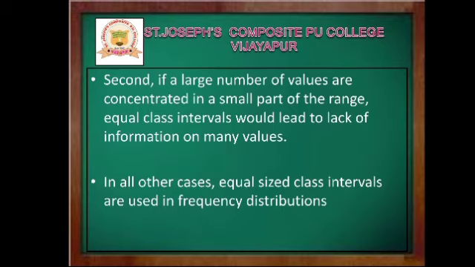In the second situation, if a large number of values are concentrated in a small part of the range, equal class intervals would lead to lack of information on many values.